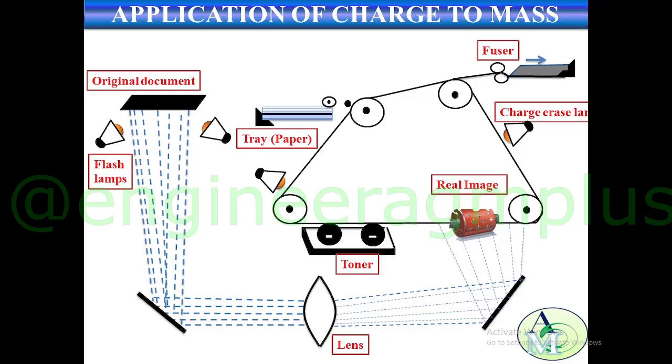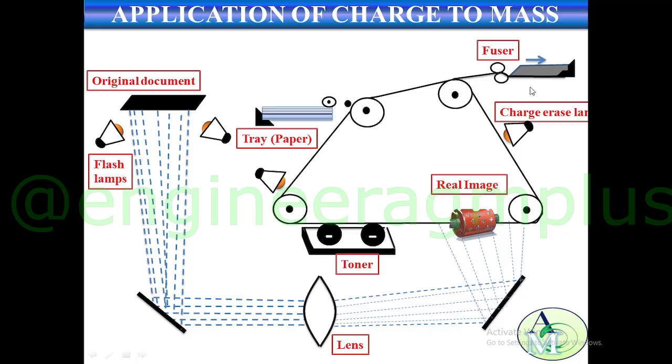Applying charge to mass ratio. Remember, electron moves faster than proton. Due to the Q per m, the charge per mass of electron, it moves faster until it covers all the positively charged image made on the drum.